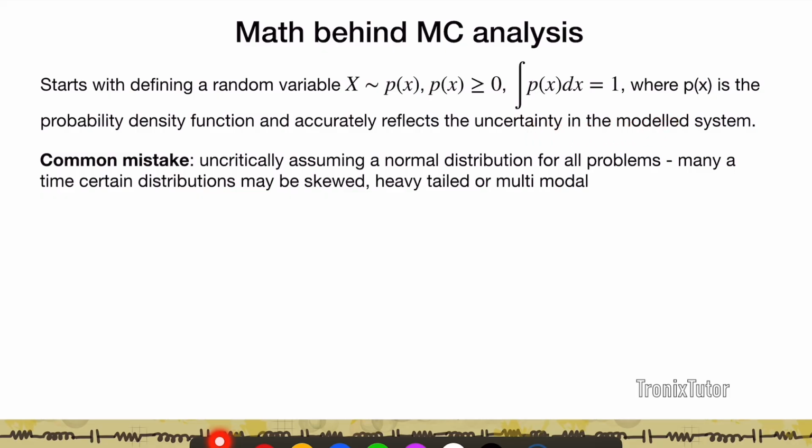Right? And one common mistake, because normal is very easy and normal is something used a lot, you tend to assume everything is normal. While in most cases that's okay, you need to be careful because many a time, especially in semiconductor physics, distributions tend to be skewed to one corner or skewed to have a long tail. In that case, a normal does not approximate us, especially if those tails begin to determine your yield, right?